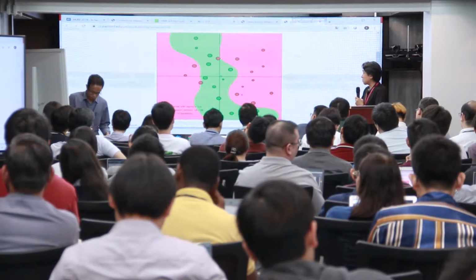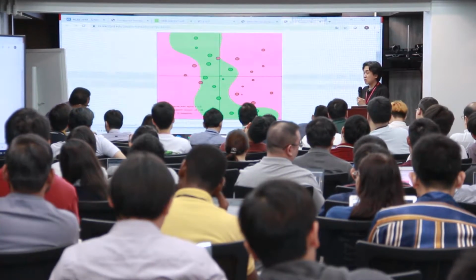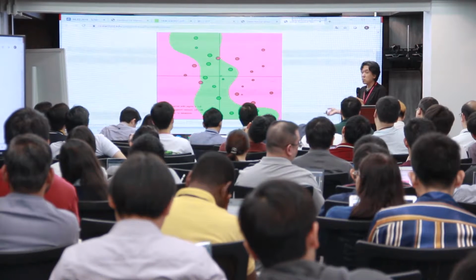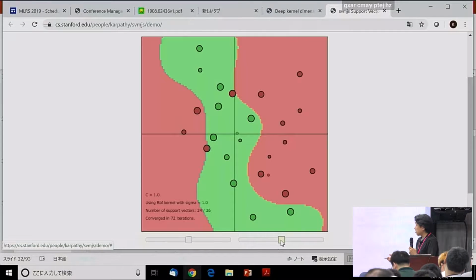So the choice of the bandwidth parameter sigma in the Gaussian kernel strongly influences the classification boundary, and we need to choose the parameter very carefully. Fortunately, in the case of the support vector machine, cross-validation does a very good job. We can simply apply cross-validation to choose the bandwidth parameter, and we get this type of reasonable classification boundary.